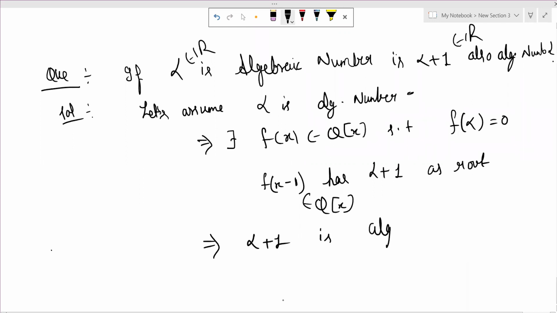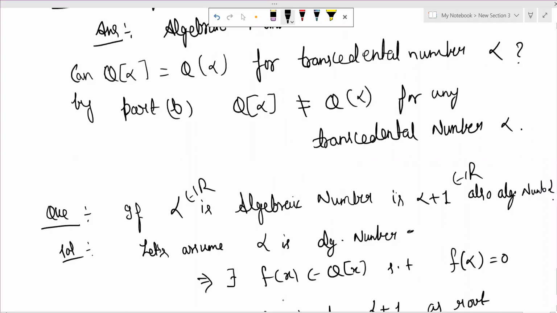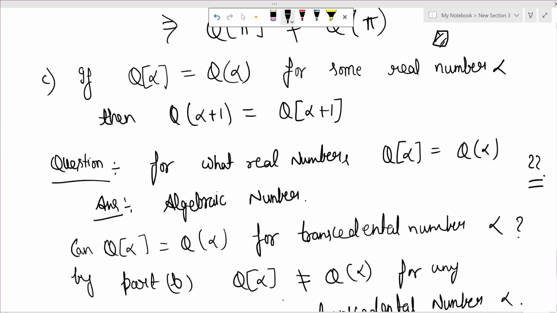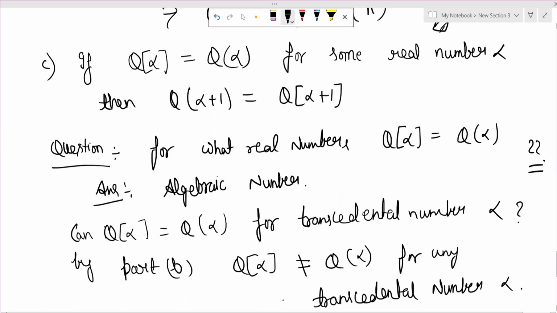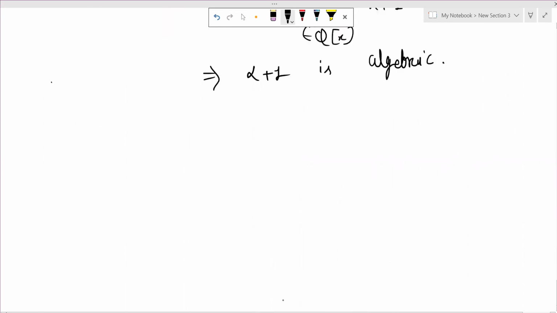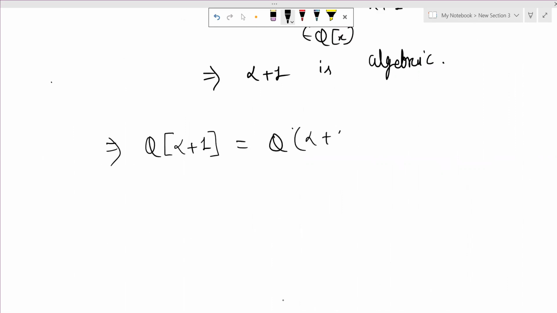So now I conclude that if alpha is algebraic, then alpha plus 1 is algebraic. Therefore, Q(alpha plus 1) is equal to Q(alpha).